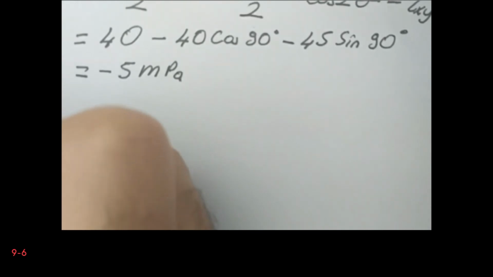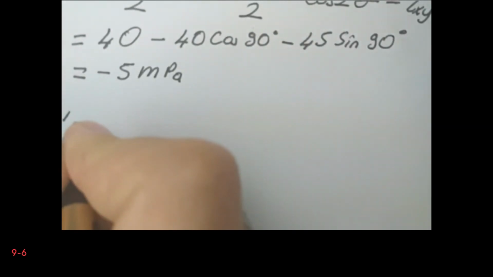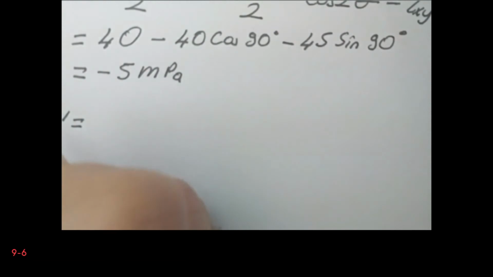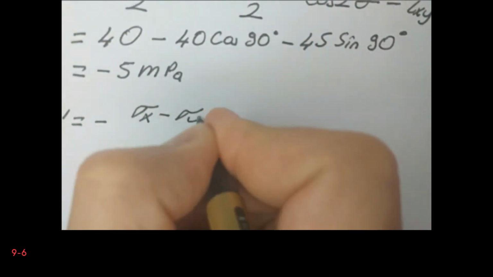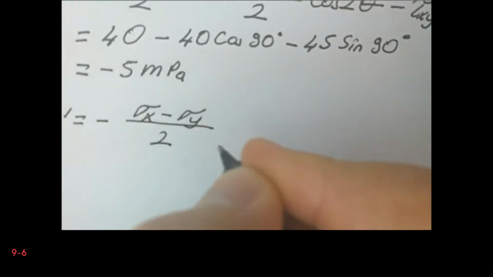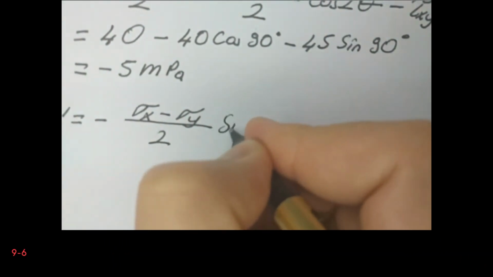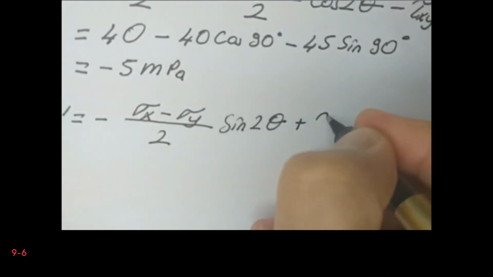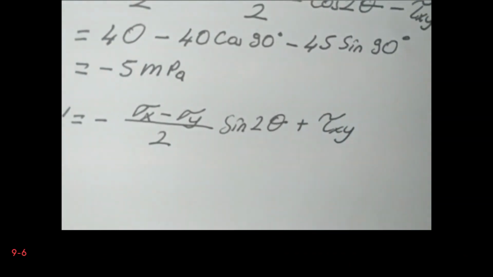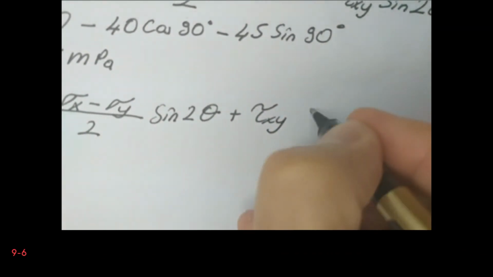Tau x prime y prime can be calculated as well. So it is minus sigma x minus sigma y divided by 2 sine 2 theta plus tau xy cosine 2 theta. Again, let's put the values.